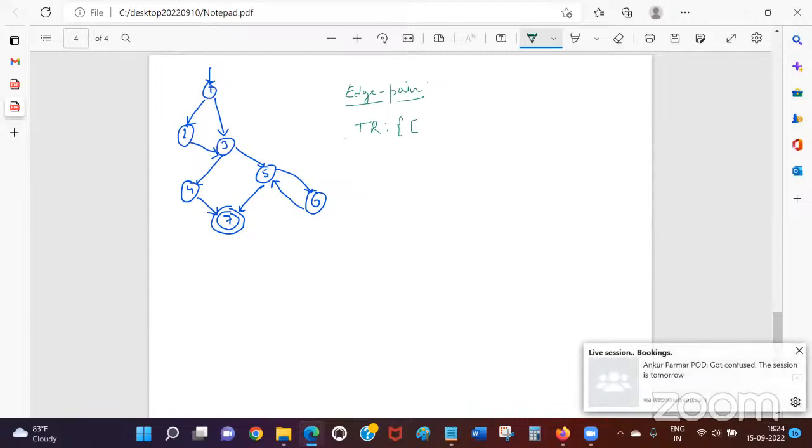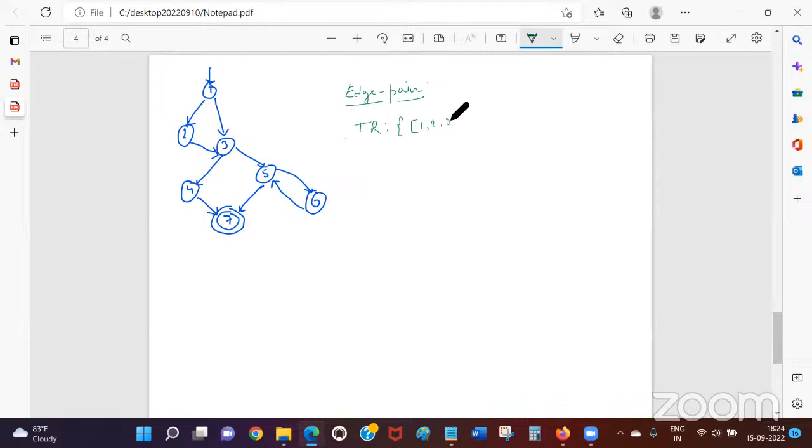There is an edge 1, 2, 3. Then it could be 1, 3, 4. Then it could be 1, 3, 5.